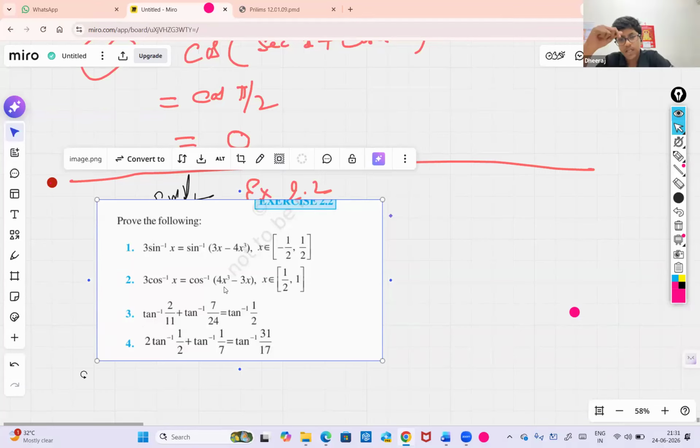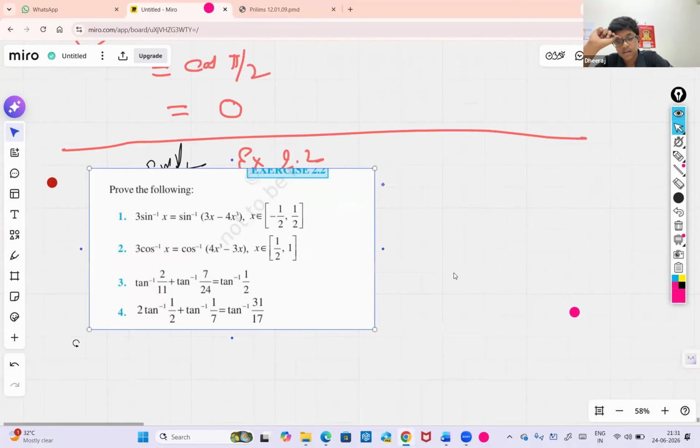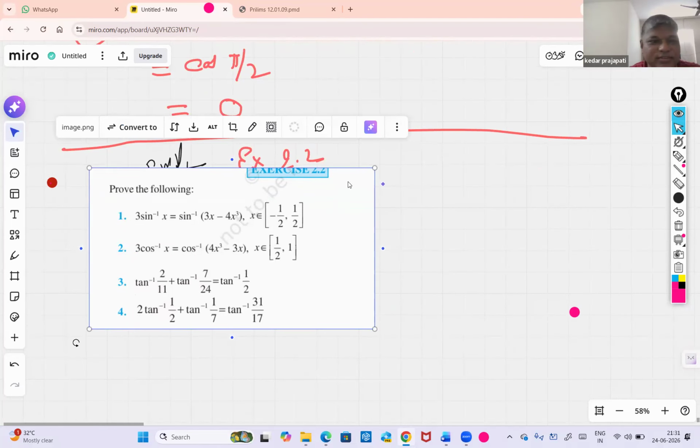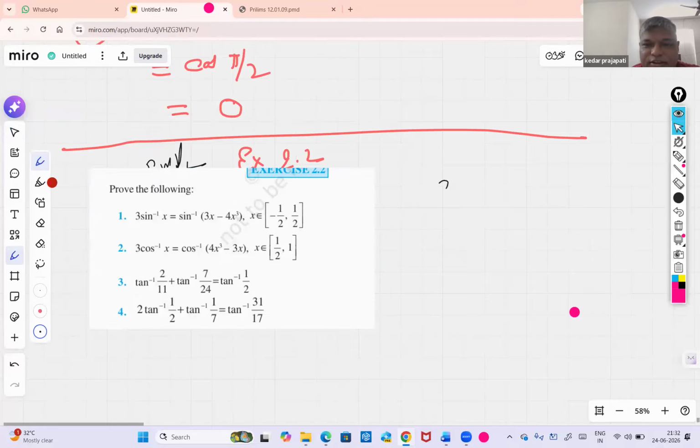Sine 3x. If you have no need to remember, sine 3 theta you write 3 and 4, and cos 3 theta is 4 and 3.